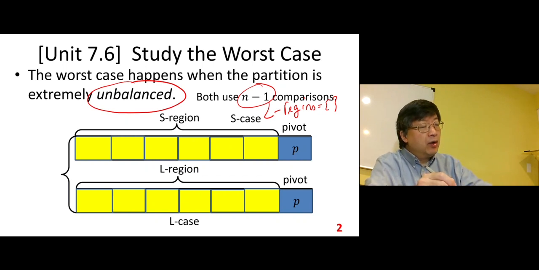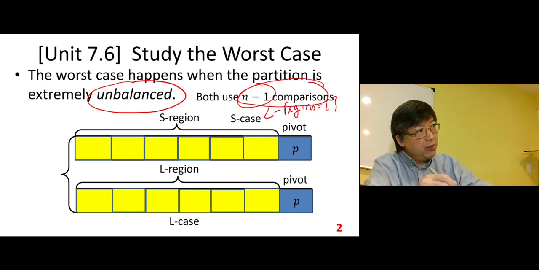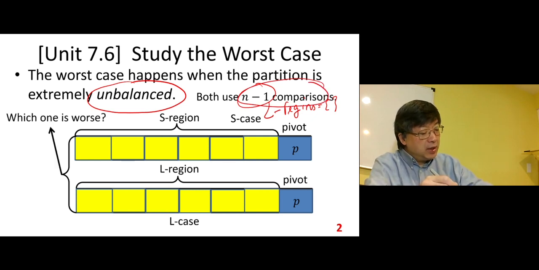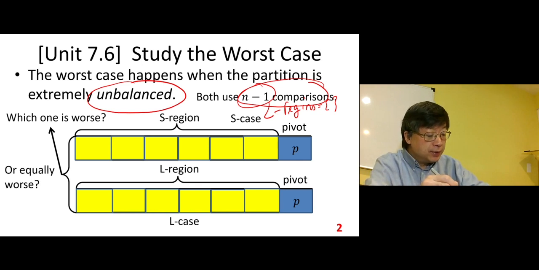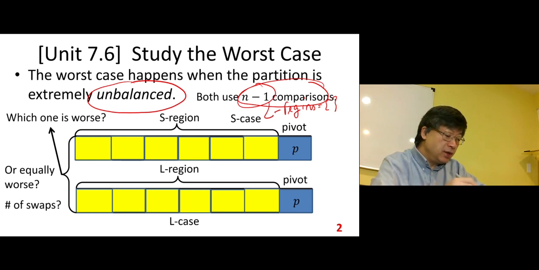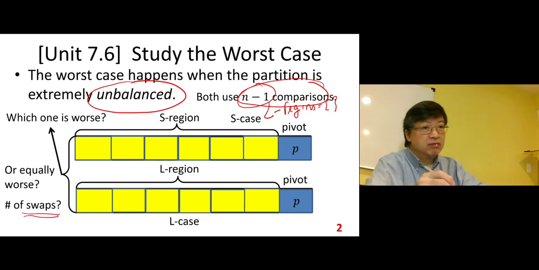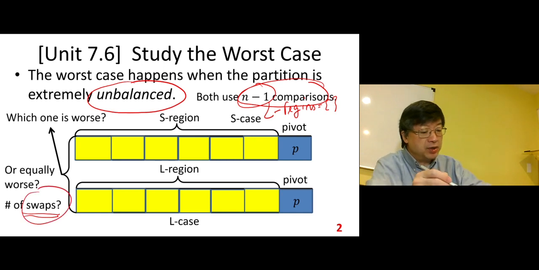If we still want to compare these two cases, which one is slightly better, although they have the same number of comparisons, can we find one that is slightly better than the other? Or equally worse. I think we can consider the swap operation. These two cases are different regarding the swap operations.